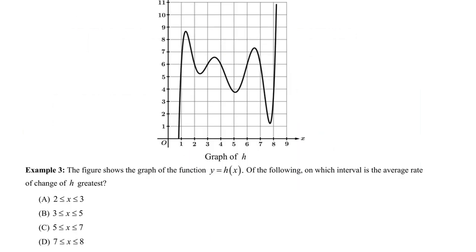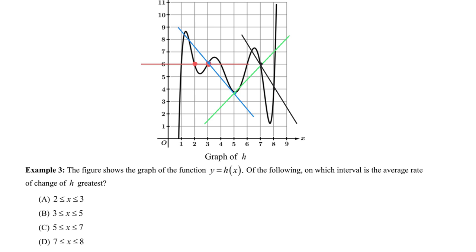So you'll see here in example 3, if you look at our answers, they give us 4 different sets of intervals. So I'm going to go ahead and mark those intervals off, and then I'm going to draw some slope lines. So I'm going to pause the video. Okay, I tried to mark those points and make some slope lines as best as I could.